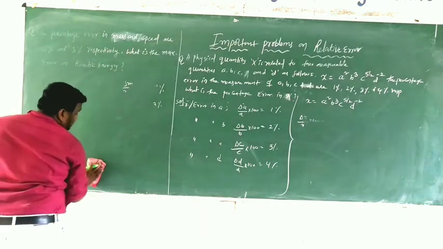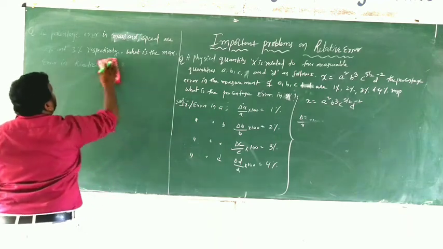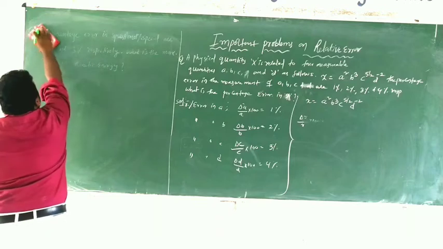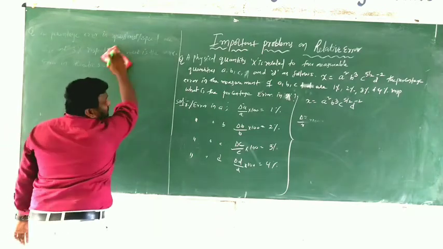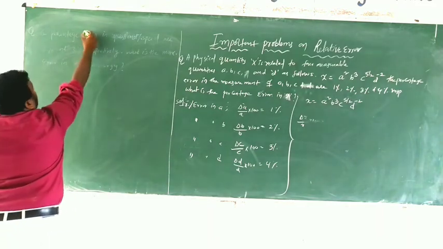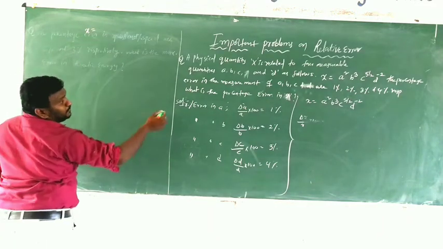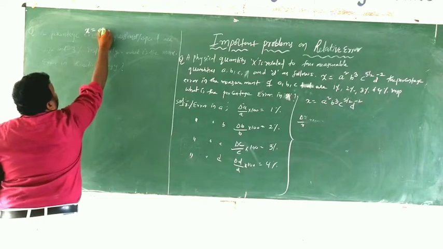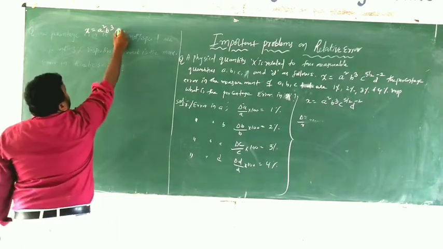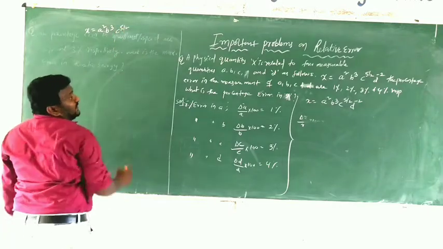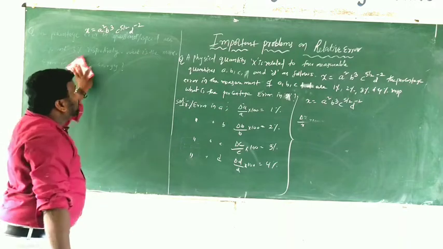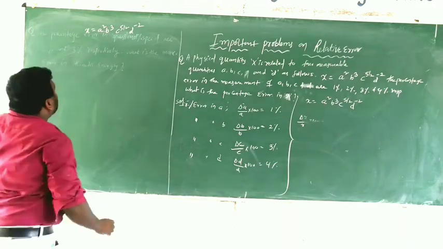To get clarity among the formulas, you must watch the previous video, children. Don't bother about the problems. If you understand the formulas, you can easily calculate the problems. So X is equal to A square, B cube, C to the power of 5 by 2, and D to the power of minus 2. Clear, children?